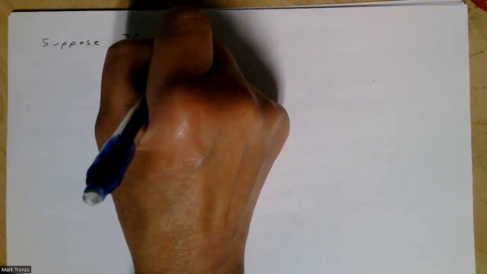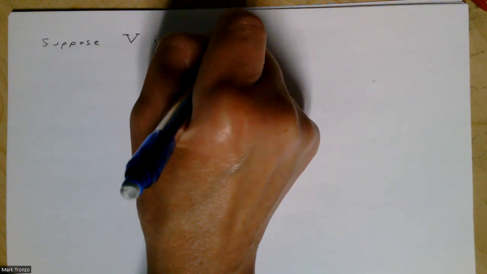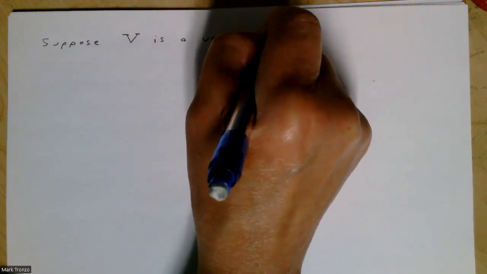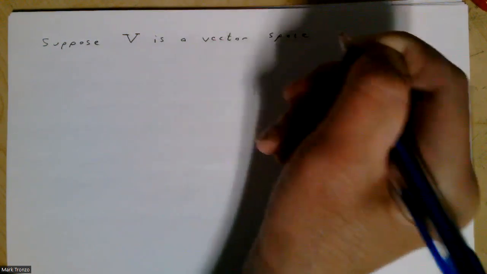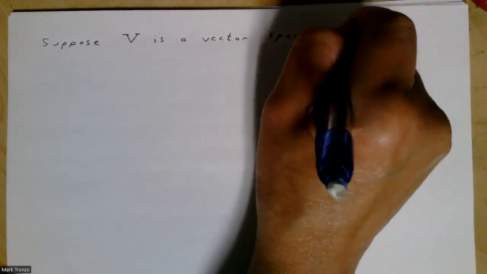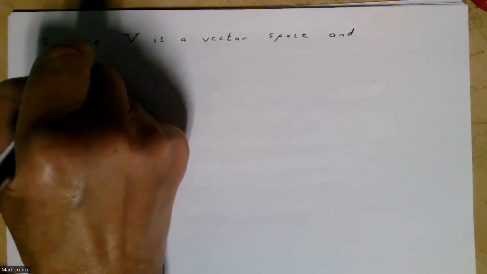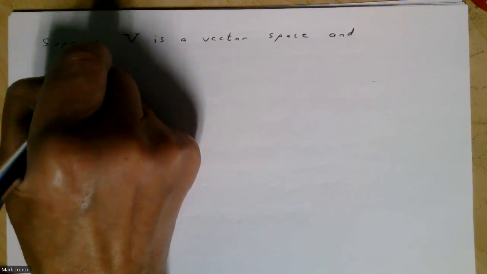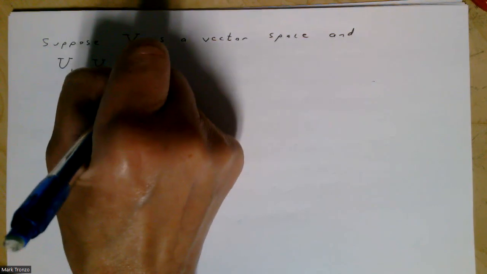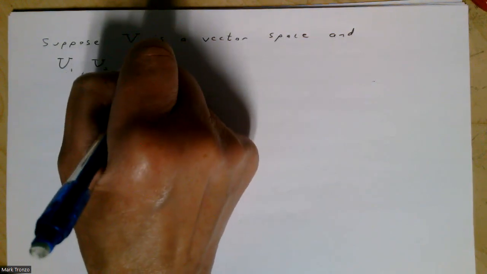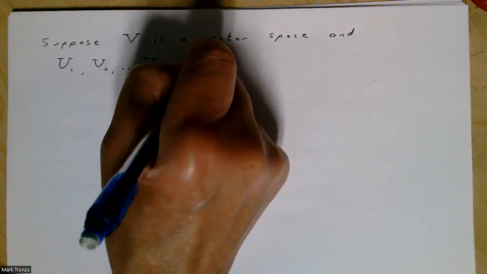Suppose V is a vector space and say U1, U2, up to UN are subspaces.